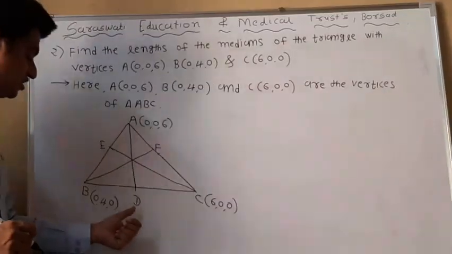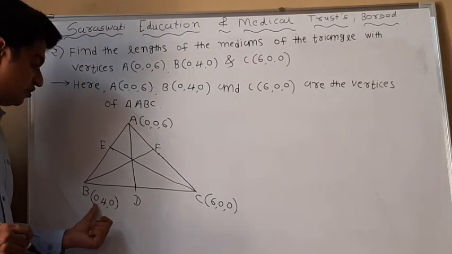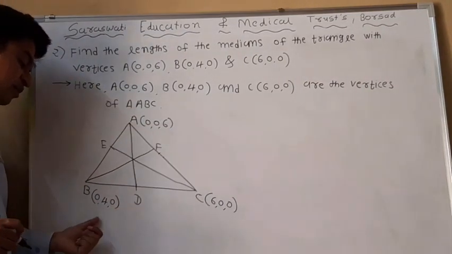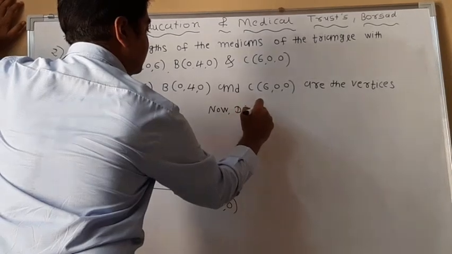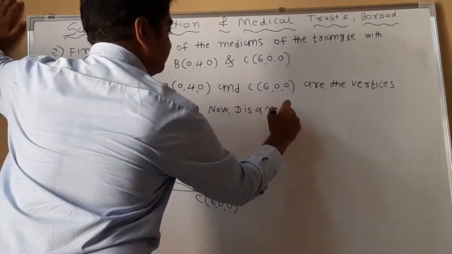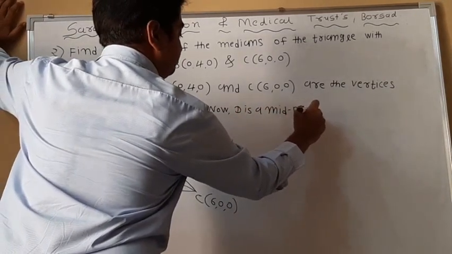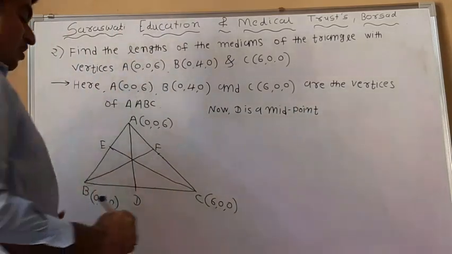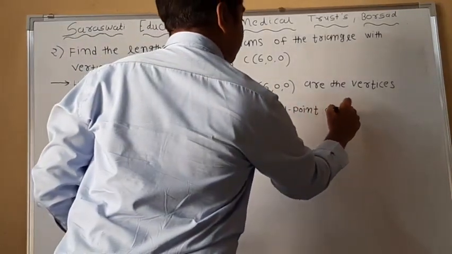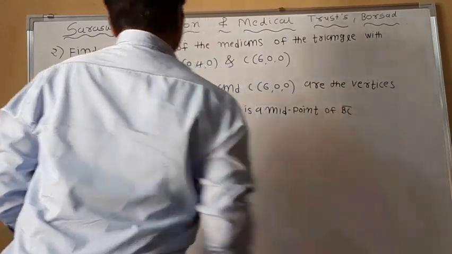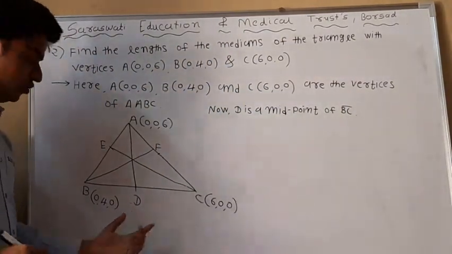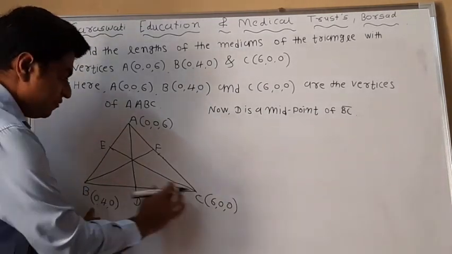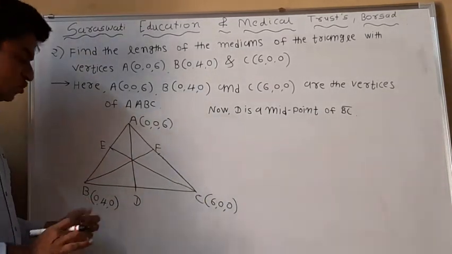So our first step here: D is the midpoint of line segment BC. So here written, D is a midpoint of line segment BC. So how can we find out the midpoint? Midpoint means add both these numbers and divide by 2.